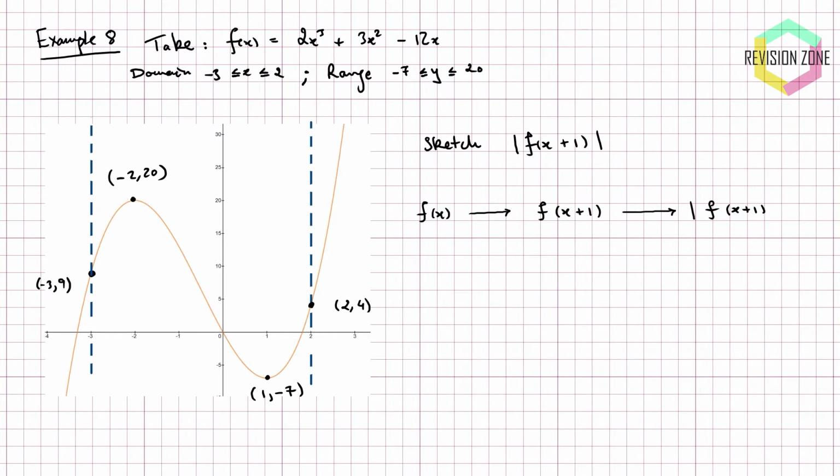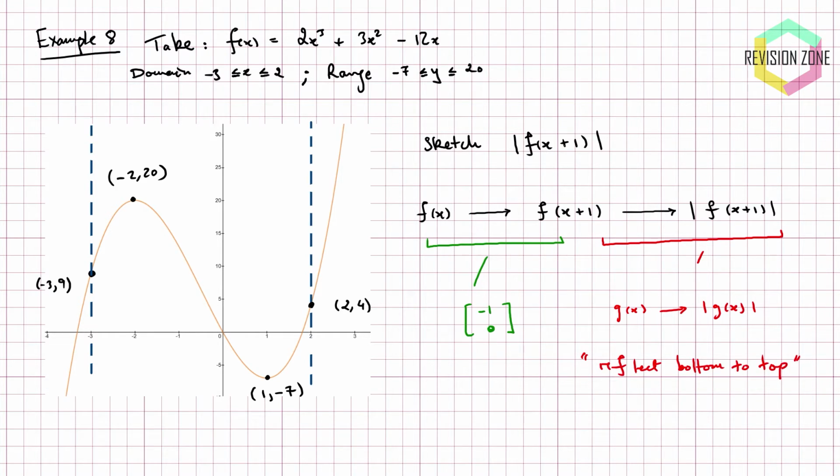So the thing we need to keep in mind is first we have to sketch this transformation, which we know what it's going to do. So if x goes to x plus 1 on the inside, we know it's a transformation which shifts everything to the left by 1. And then the second transformation is the sort of thing we've now seen multiple times, where if we know some function goes to the modulus of that function, then we know that's the same thing as reflect bottom to top. Okay, so this should be fairly straightforward.